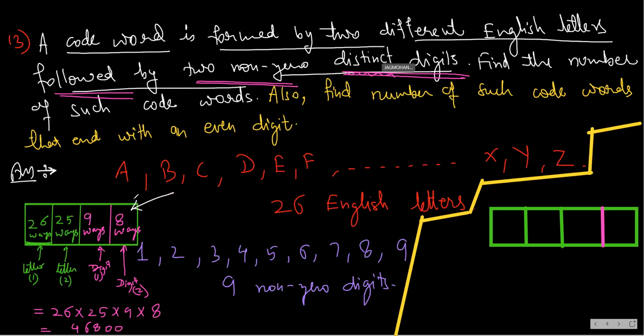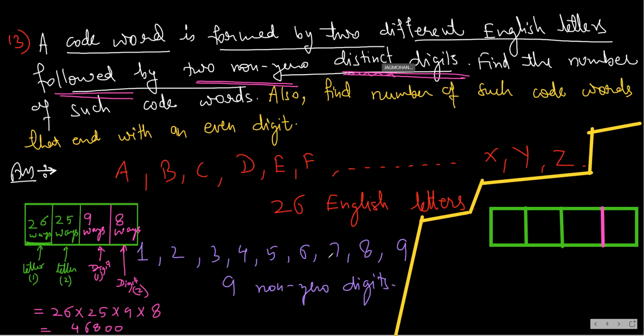It could have ended in any way, with an even number or an odd number, hardly matters. But the next one they are saying is it has to end with an even digit.